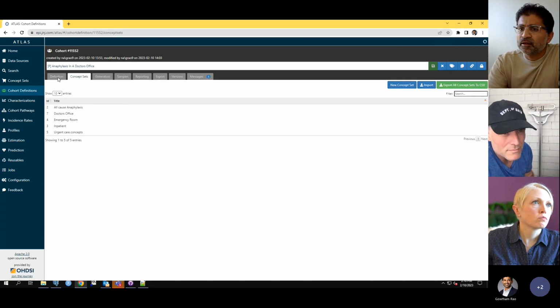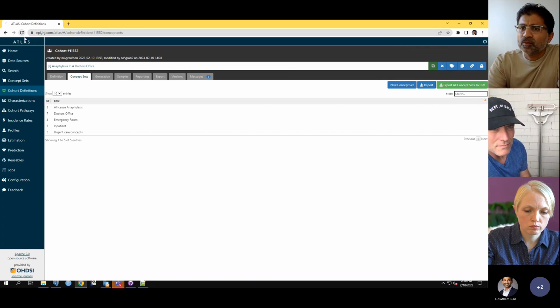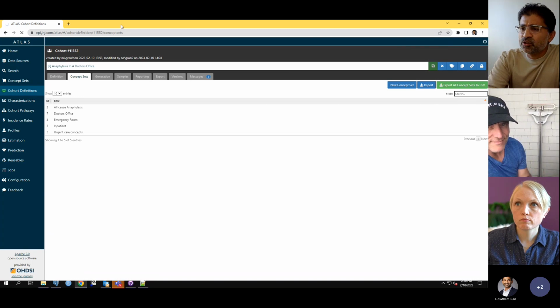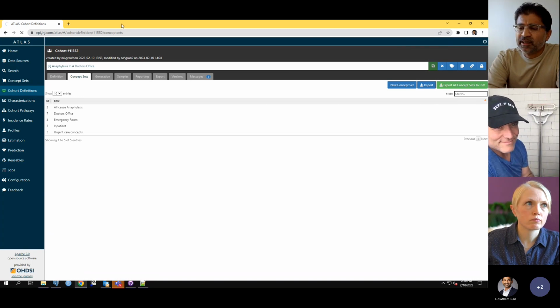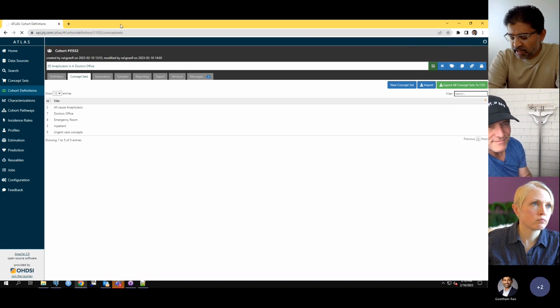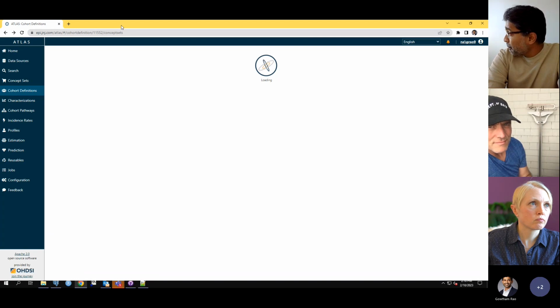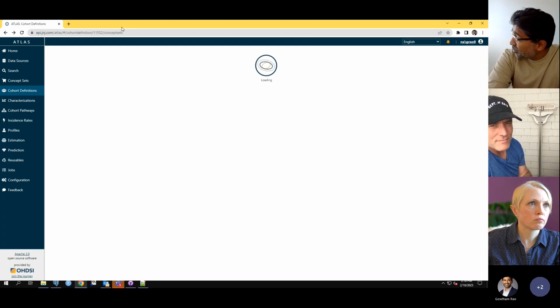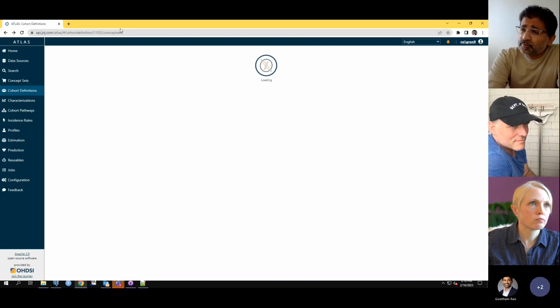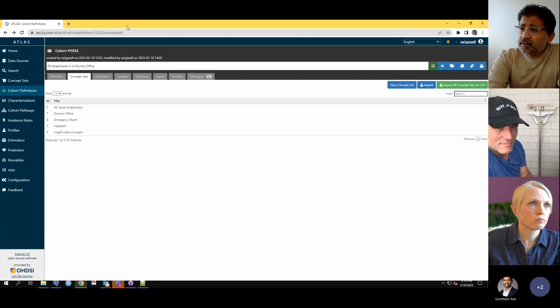Why? That's far less than 1%. No, it should at least show the attrition diagram, right? So we have persons who meet the entry event criteria. So we know that there are lots of people who meet the entry event criteria. So it should provide attrition, even though the end result might be 0. I don't know what's happening here.